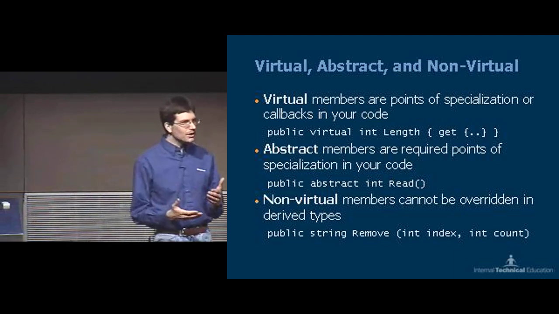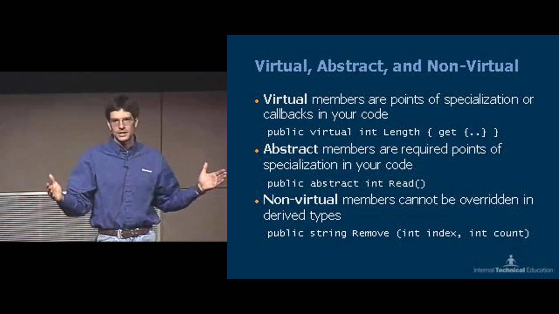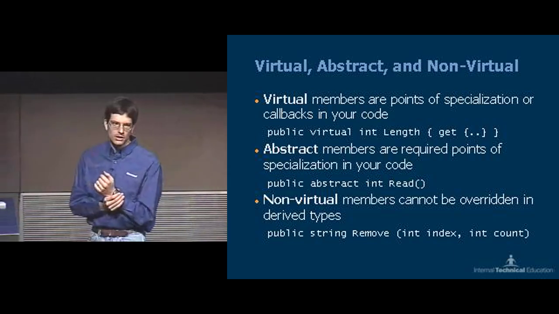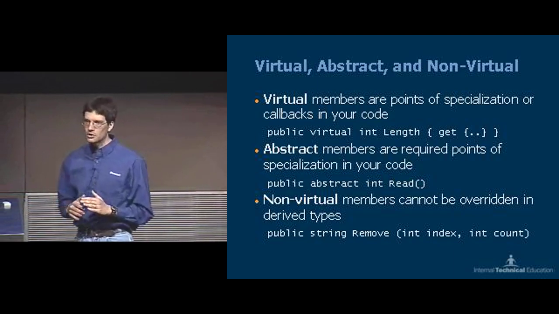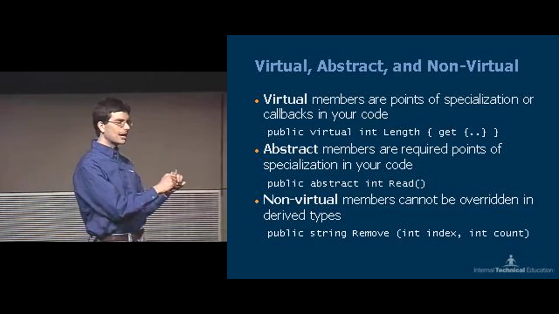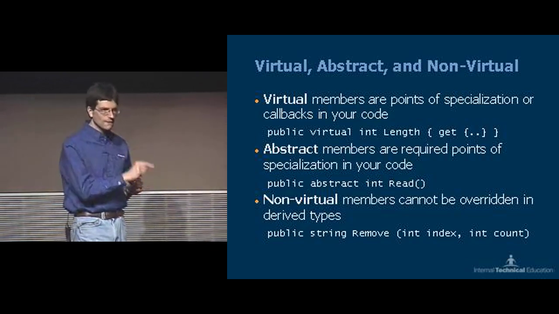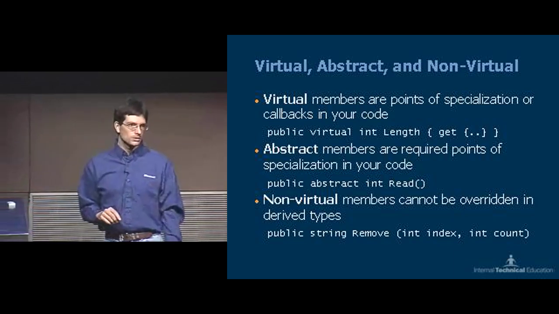But it's not worth the cost-benefit trade-off of making every type infinitely extensible. So we have to be careful about where we put the extensibility hooks and make sure they're designed in. By default, you make it non-virtual, and then as you understand what your extensibility requirements are, you can make those things virtual. It's not a breaking change to go from non-virtual to virtual, but it is a breaking change to go from virtual to non-virtual.